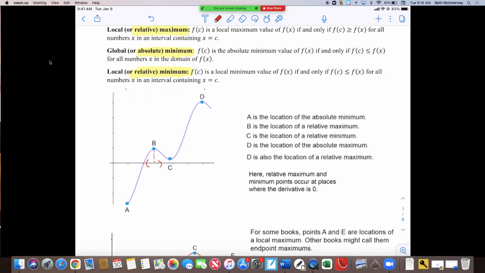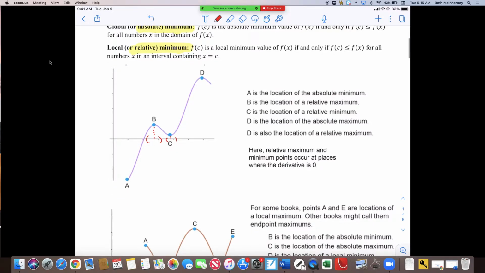C is referred to as a relative minimum, and again, in that neighborhood, it's the lowest point. Then D is the absolute maximum. Now D is also a relative maximum, okay? So it is possible to have both names. But typically, if it's the absolute, then we don't call it the relative, but technically it is a relative.